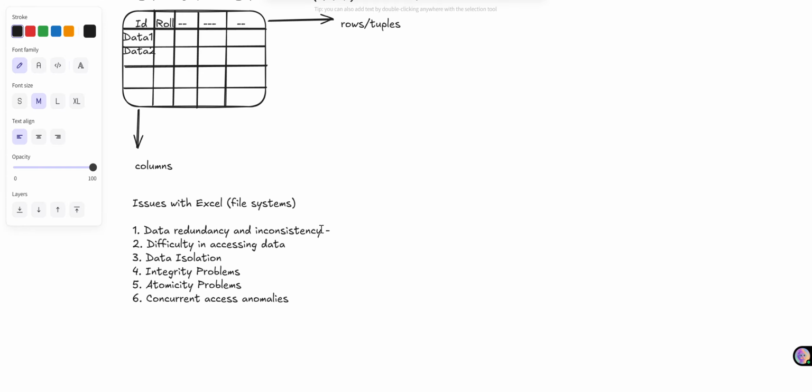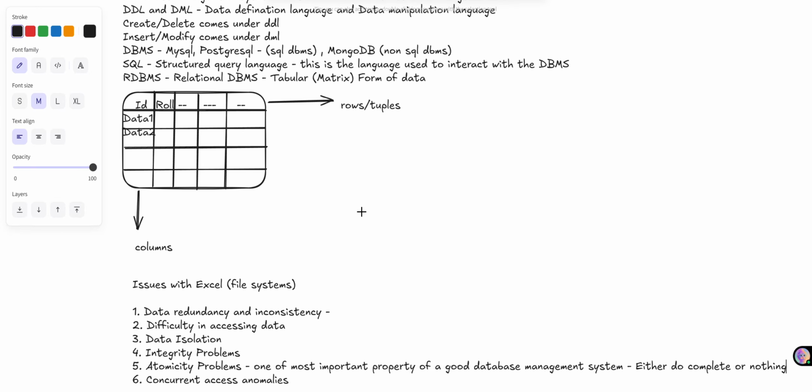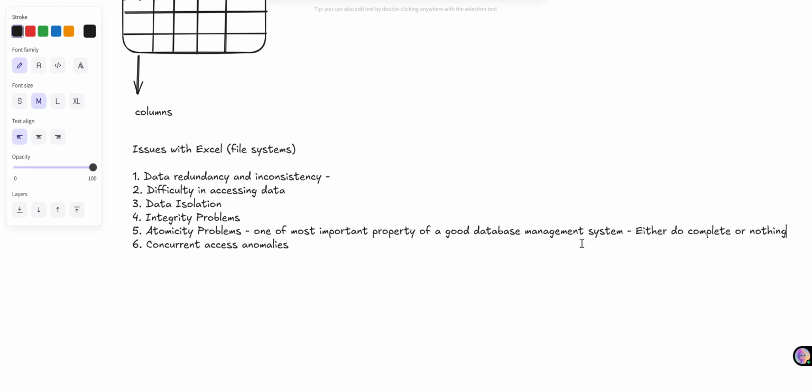Now, what is atomicity? Atomicity is one of the most important properties, I must say, of a good database management system. What this says, atomicity: either do complete or nothing. This is simply atomicity. You must do either the complete thing or nothing.